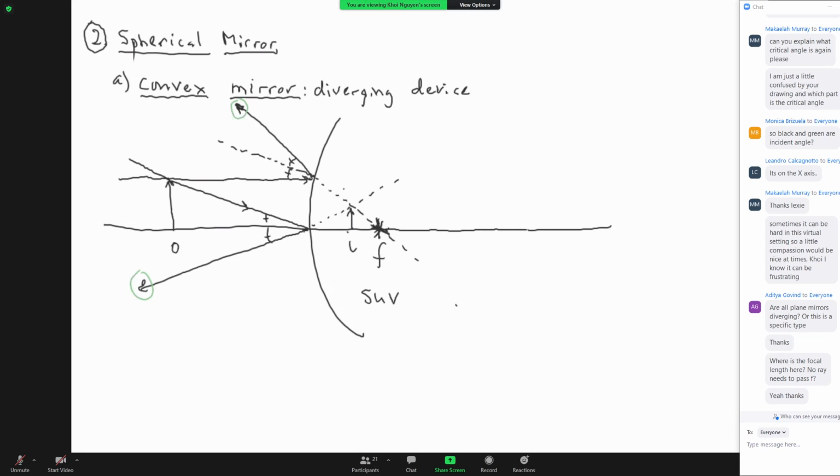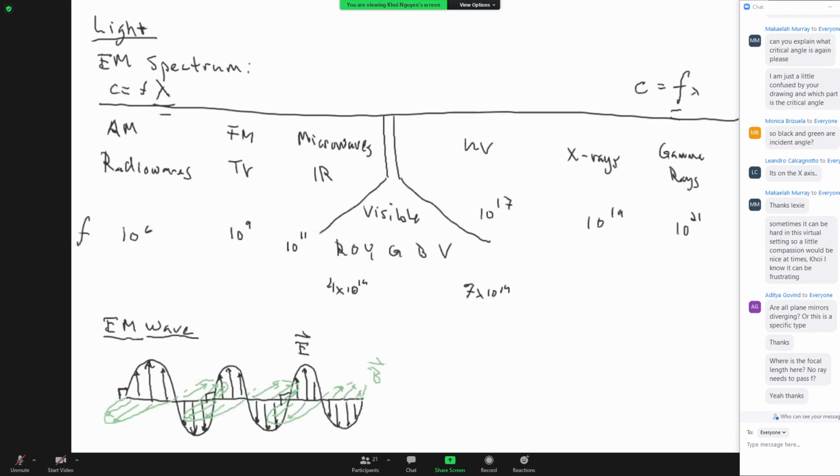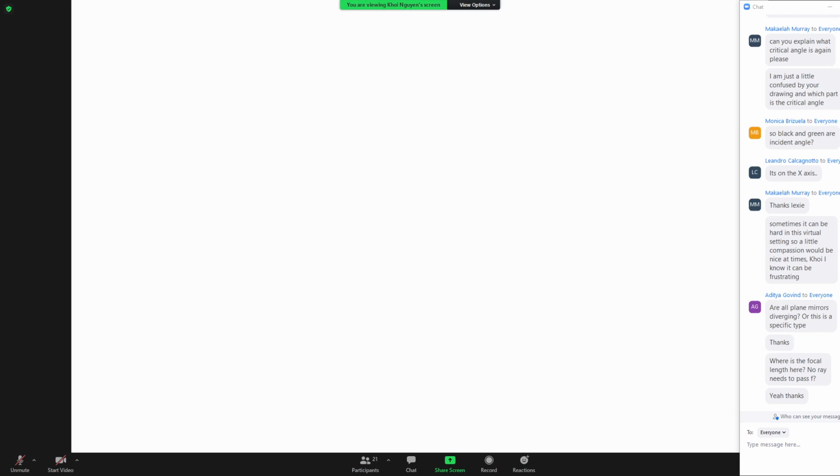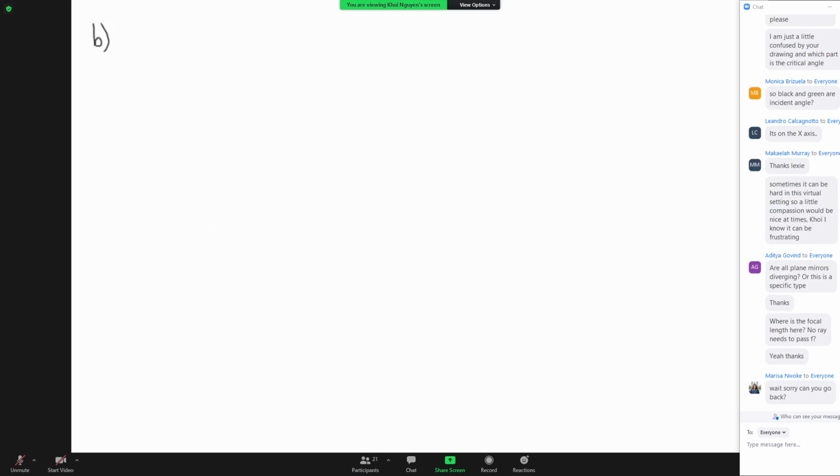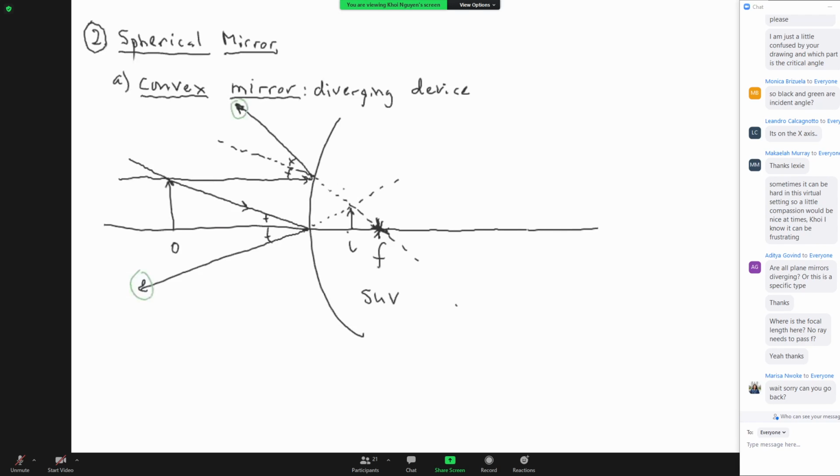All right. Let's clear this. Sorry. Let's go through and deal with the convex case, concave case. Sure. This is the convex mirror. Smaller, upright, virtual, SUV.